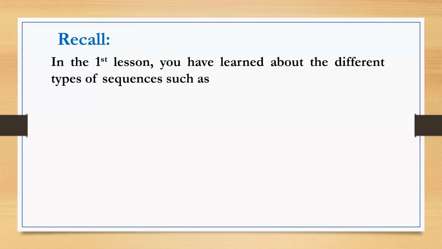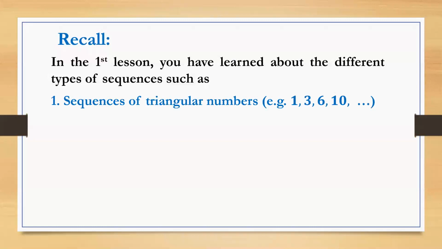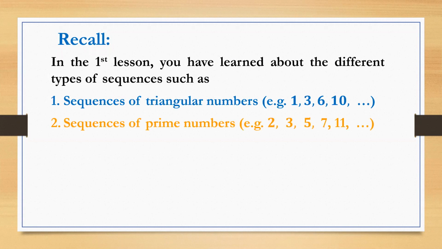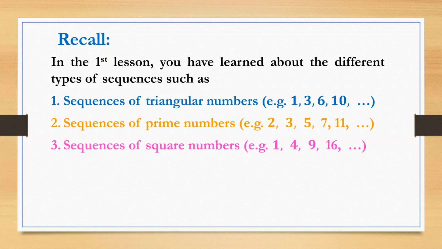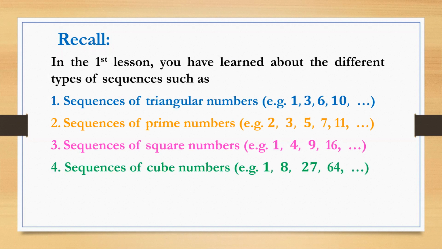You will remember that in the first lesson, we had talked about sequences of triangular numbers, for example, 1, 3, 6, 10, and so on. We had also discussed sequences of prime numbers, sequences of square numbers, of cube numbers.